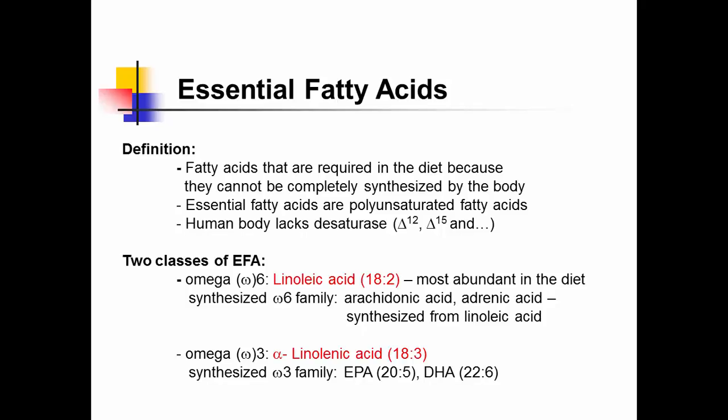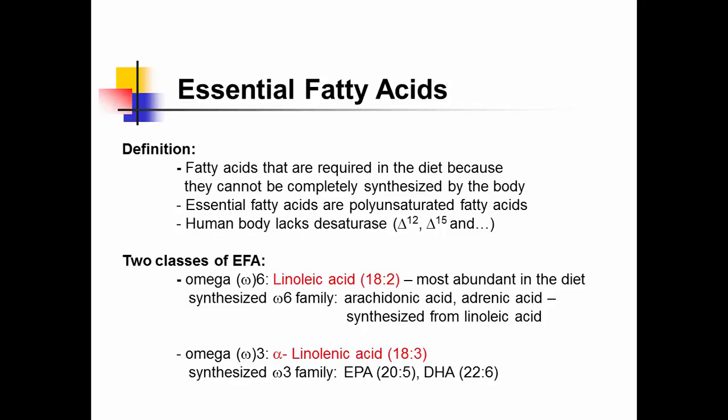And similarly for the omega-3 essential fatty acids, alpha-linolenic acid has 18 carbons and 3 double bonds, and this alpha-linolenic acid is an essential fatty acid, right? The other two, EPA and DHA, are omega-3 family members of polyunsaturated fatty acids, but they are not essential fatty acids.